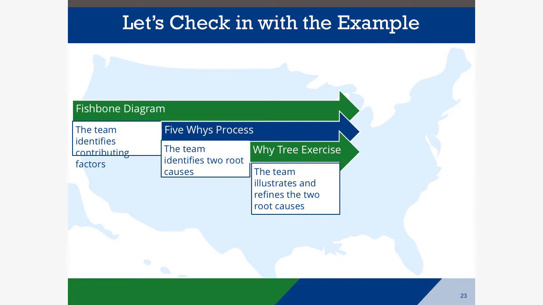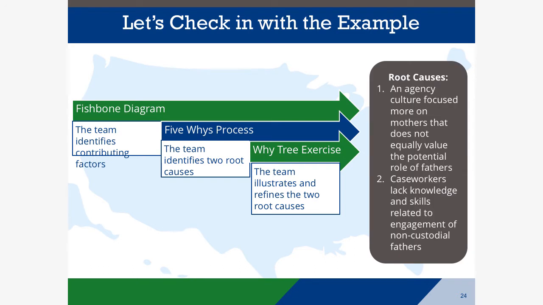The culture and infrastructure gaps influenced agency policies, caseworker trainings, supervision procedures, and performance measures in addressing fathers' needs. The why tree exercise reviewed data to support each level of contributing factors and confirmed the 2 root causes. It sounds like our team is getting close to understanding the problem more fully. What do you think might be their next step? The next step in problem exploration is exploring and validating possible root cause or causes.